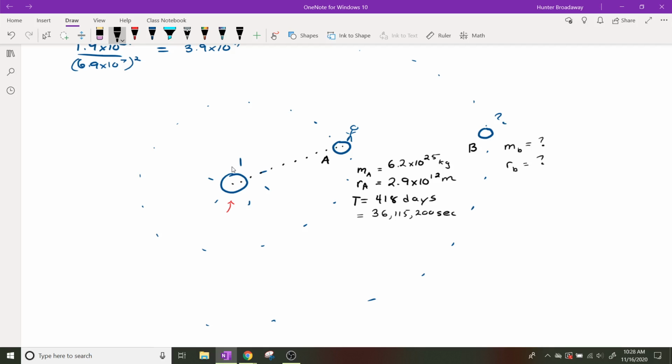You can also just call that 3.6 times 10 to the 7th seconds. Either way, if you write it as 3.6 times 10 to the 7th seconds, you're off by 115,200 seconds. That means you would be off by about a day, which is not too terribly bad.